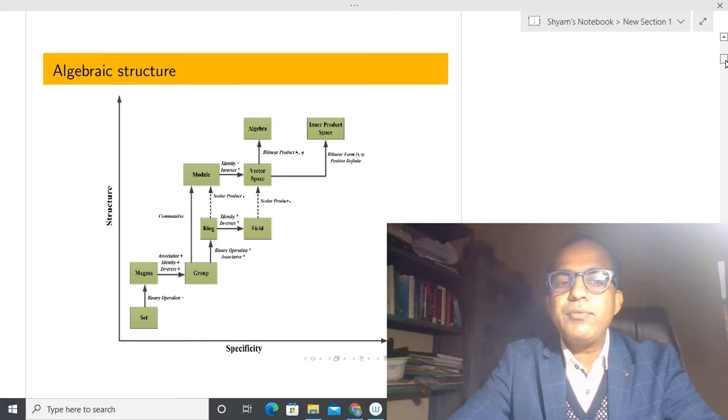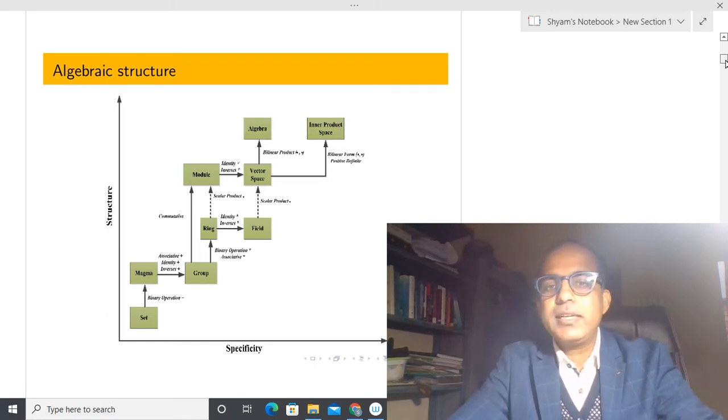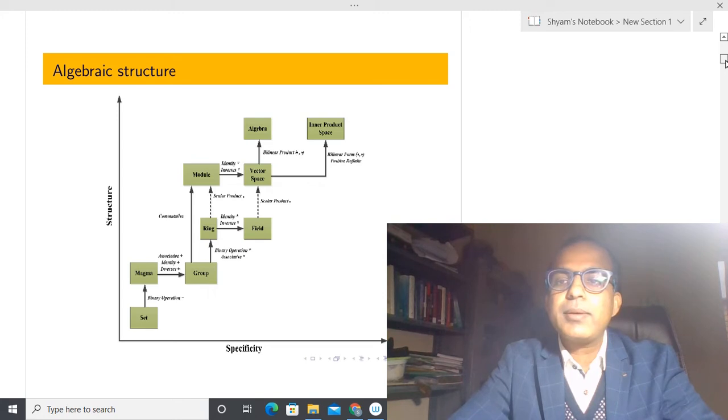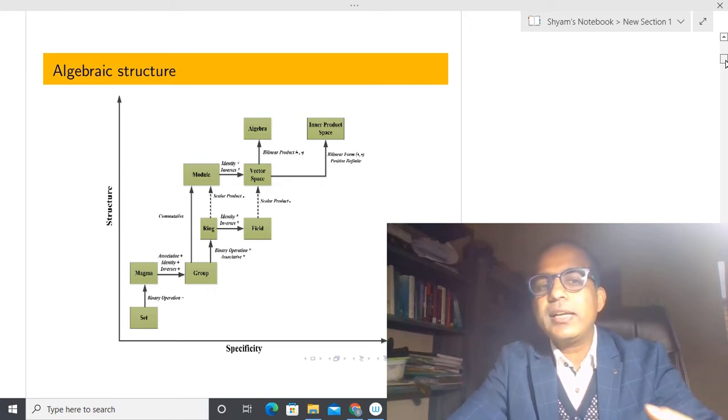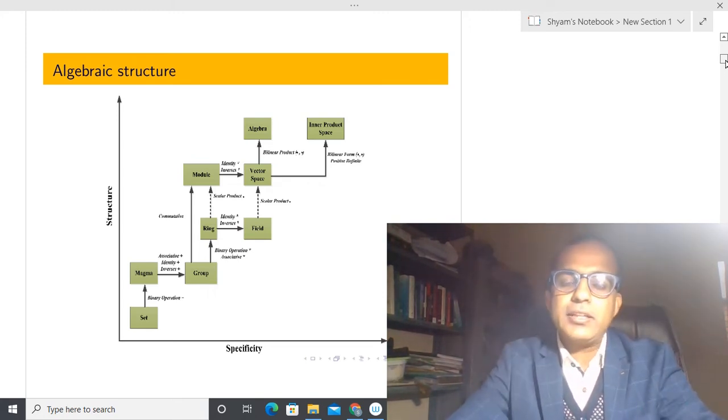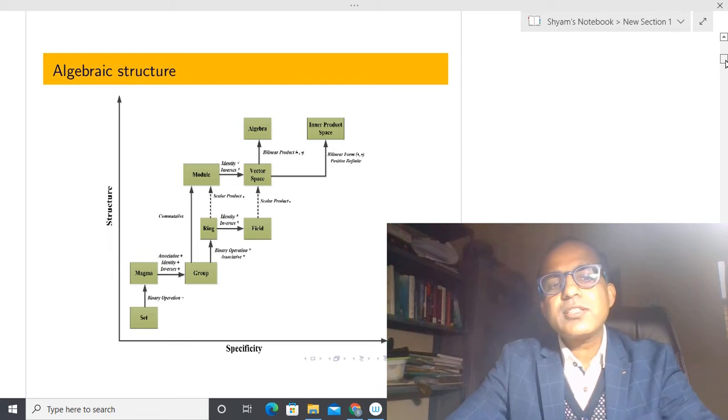Whenever we are talking about the group, we have some kind of set with one binary operation, and that should satisfy some axioms. Axioms you can interpret as assumptions, and we are not going to prove them. We just believe in those assumptions, and after that we proceed further.